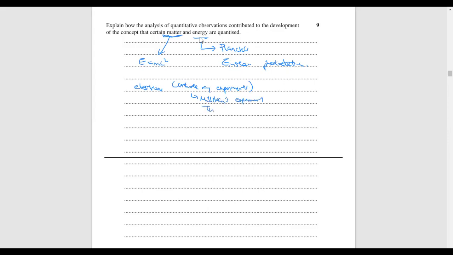As well as Thomson's experiment, where together you're able to calculate the fundamental charge, which indicates that if there is a fundamental charge, that suggests that there is a fundamental particle that has that charge, and you're always in multiples of that.